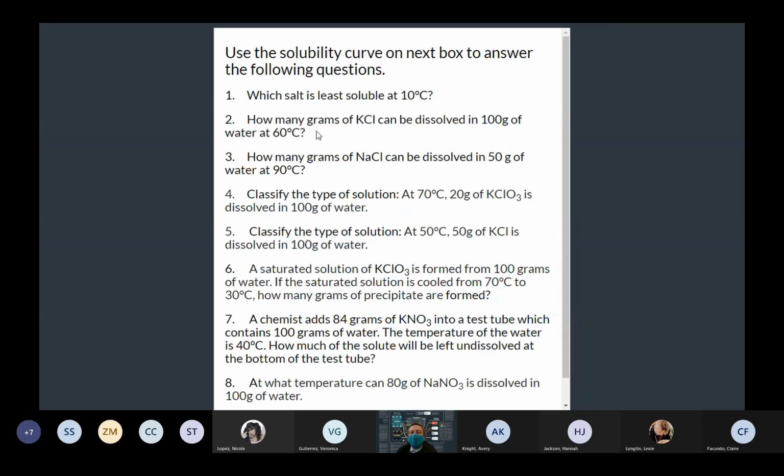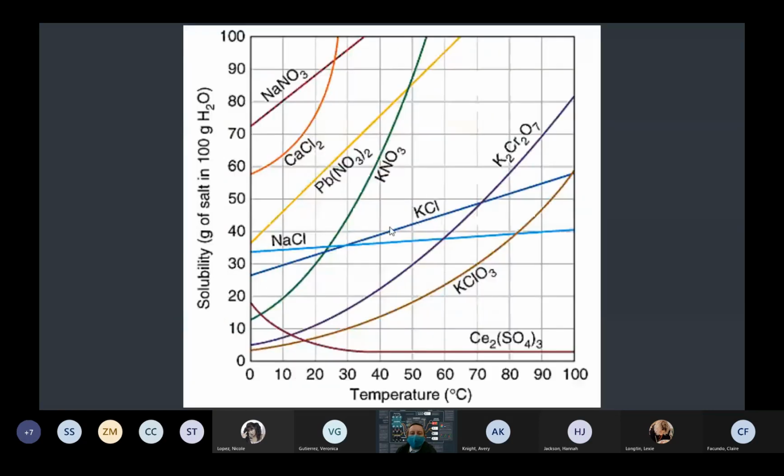Number 2, how many grams of potassium chloride can be dissolved in 100 grams of water at 60 degrees? So grams of KCl, that's this blue line, in 100 grams of water, which is our unit here, at 60 degrees.